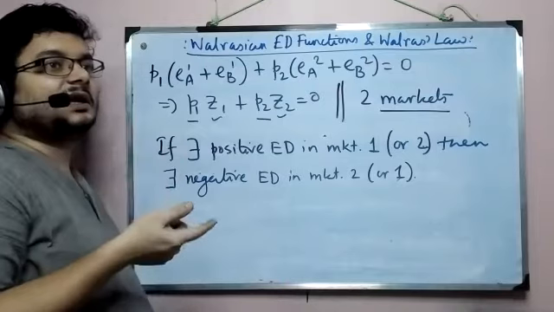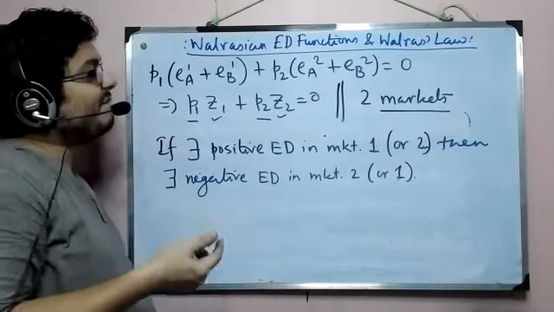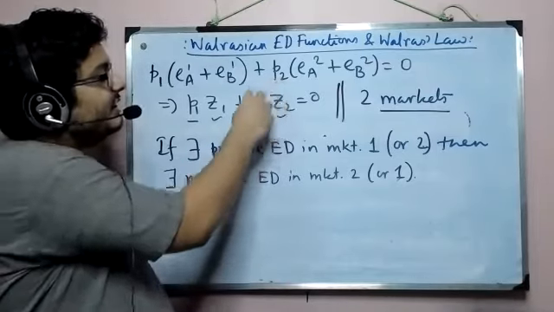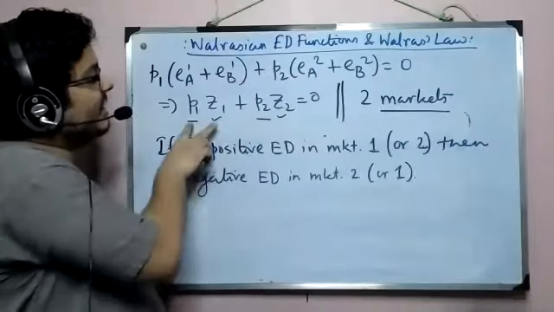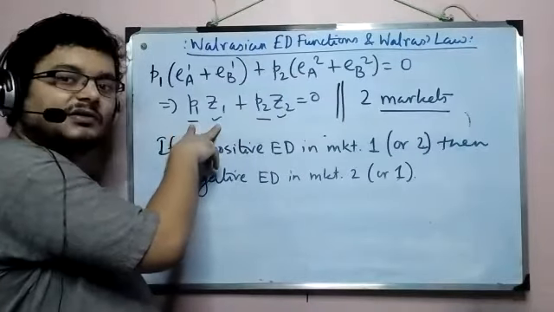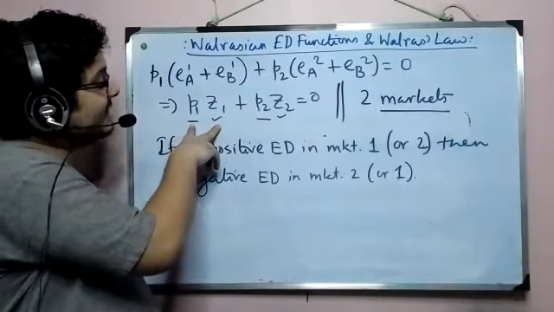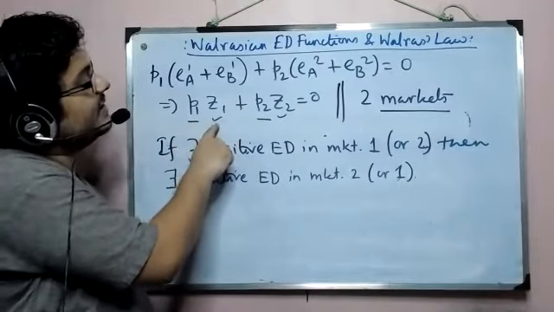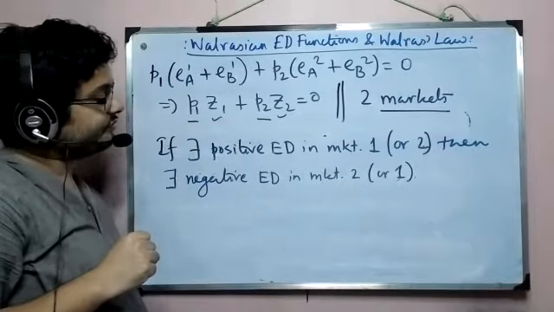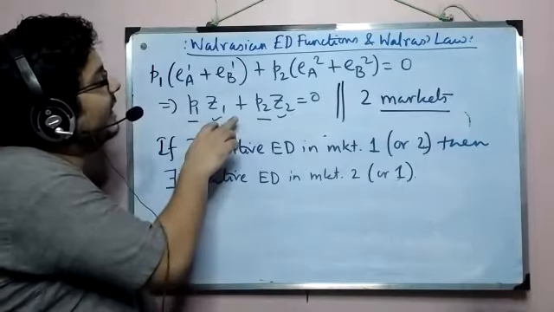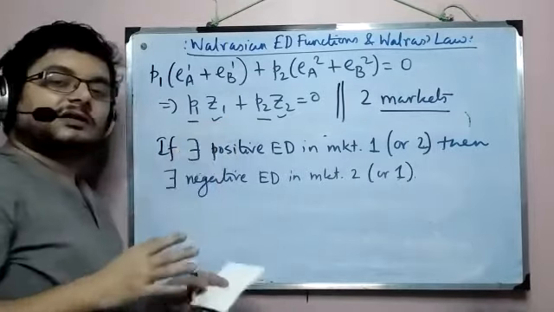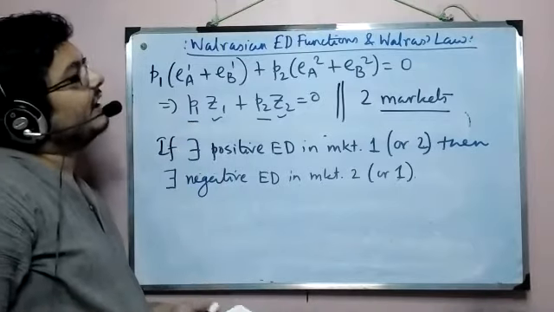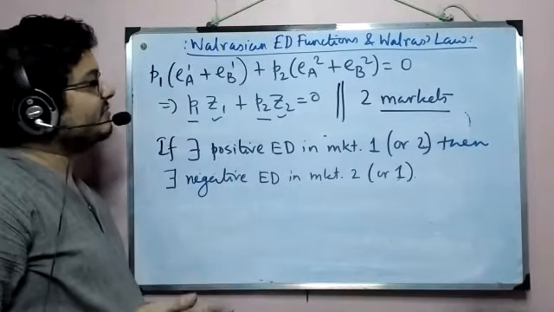Okay, let me say it in case of P2. So let's say if P2 is 0, then this part vanishes, right? So we have P1 Z1 equal to 0, right? And that's correct, because we are looking for that price which will make the excess demand go to 0, or a market, if considered in isolation, is in balance.